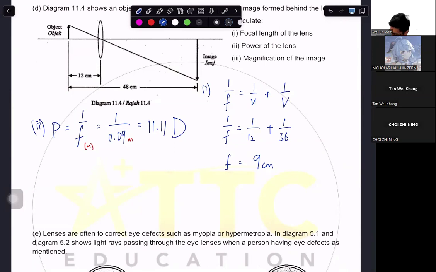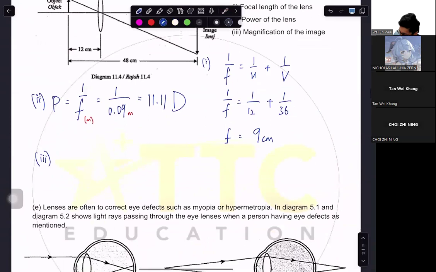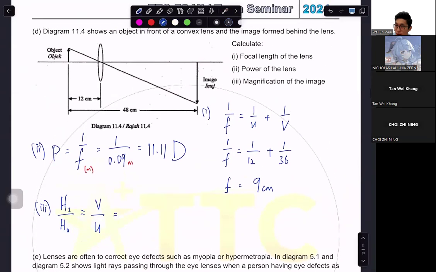All right, what's the third one? The third one is the magnification. Now magnification is very easy. You can take the image height over the object height, the height of the image over the height of the object. Or you could also take the distance of the image over the distance of the object, because it's the same.